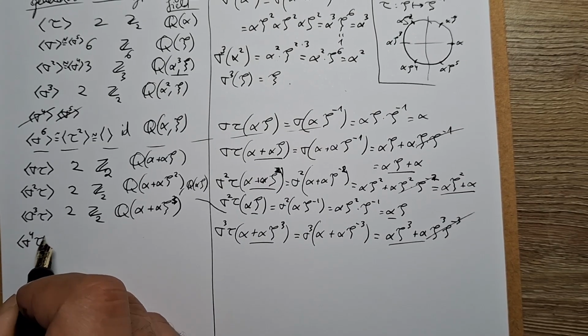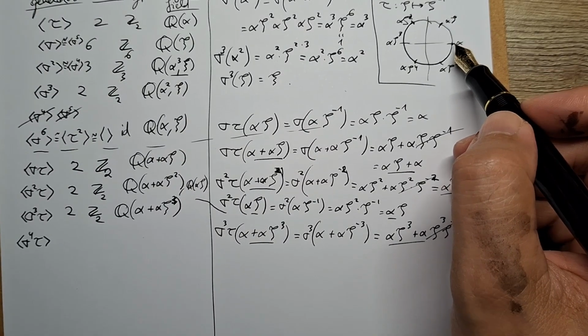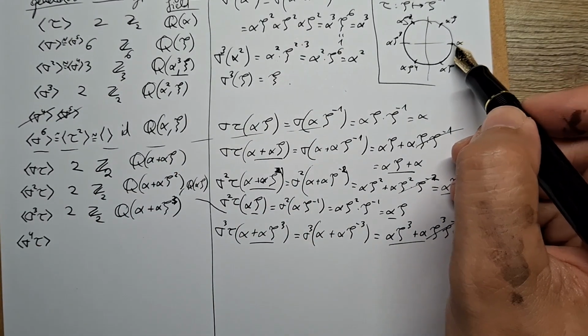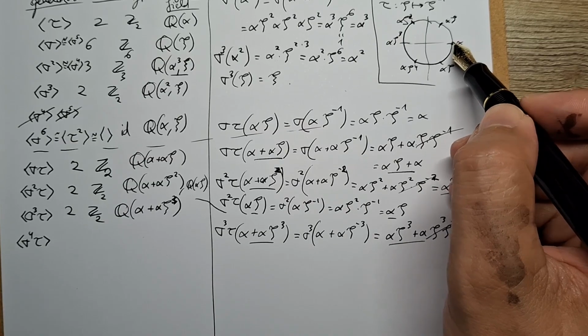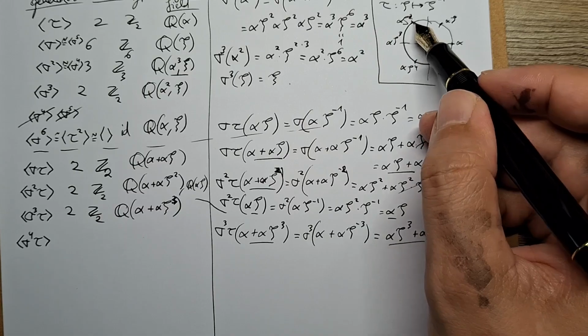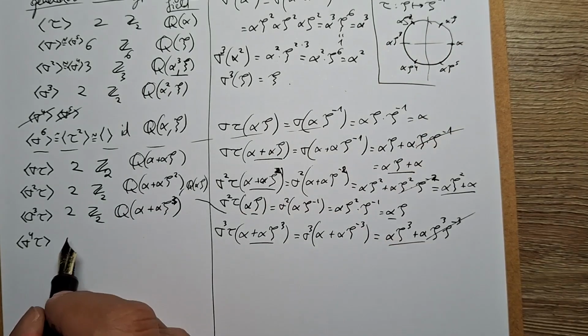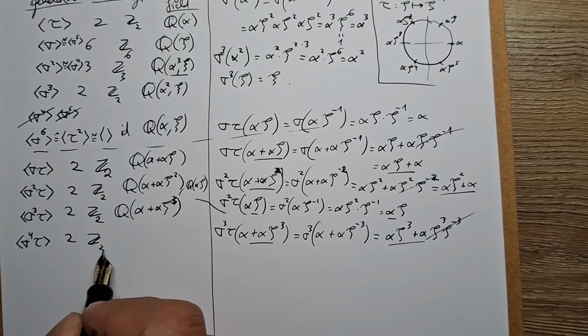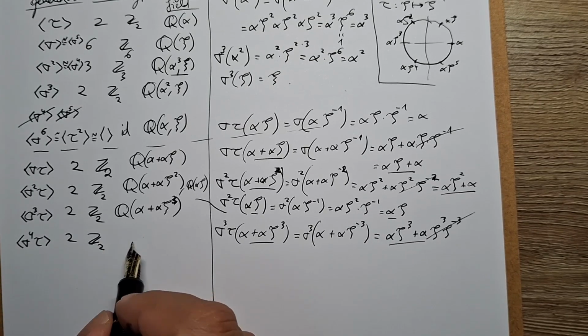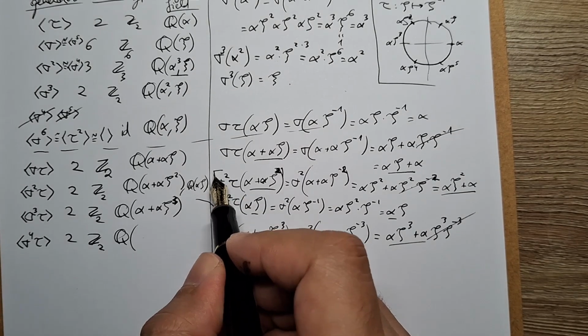Now sigma to the fourth. Sigma to the fourth is applied and tau combined. So we apply tau, we are still in alpha. Now 1, 2, 3, 4, we are here. Now you apply tau, and then 1, 2, 3, 4, back here. Order 2 again. So this is the integers modulo 2. Now the fixed field here is very similar to what we had before.